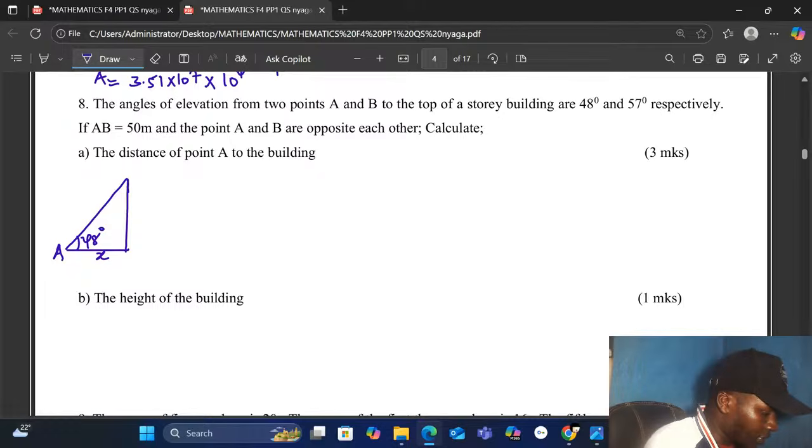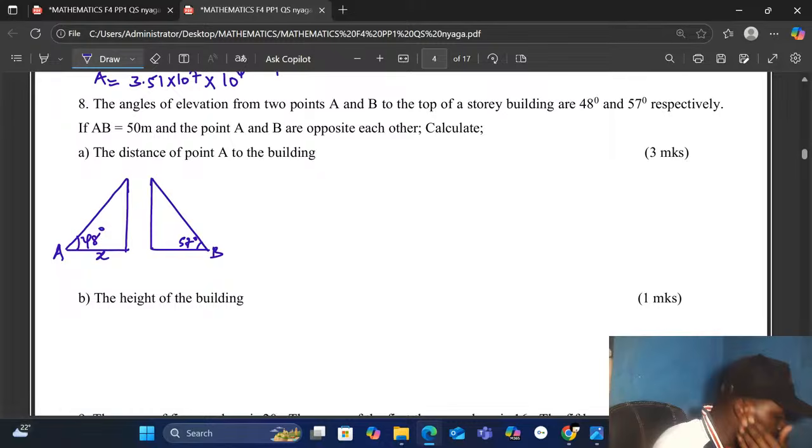We take it as x. Then we also have a point B that is opposite. So point B is right here. If from A to this point here is x, then from here to here we shall have 50 minus x.